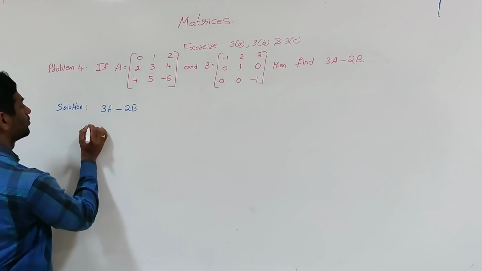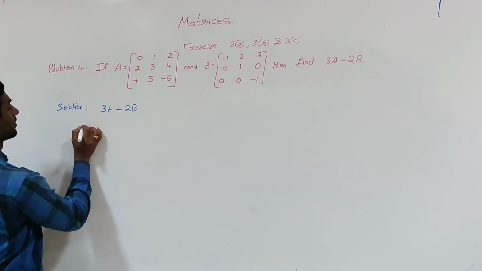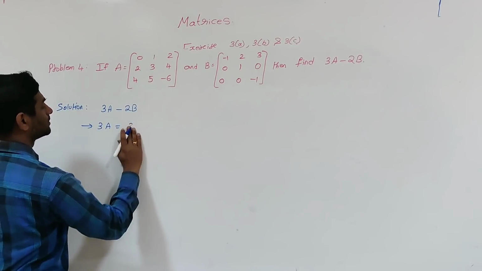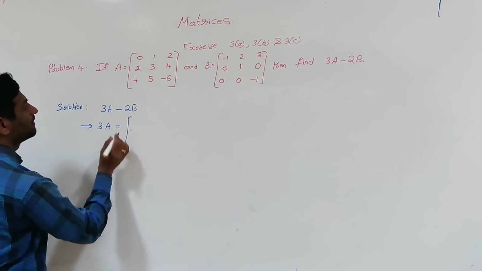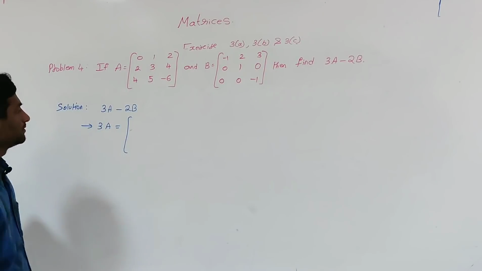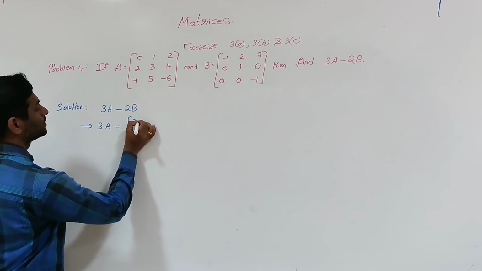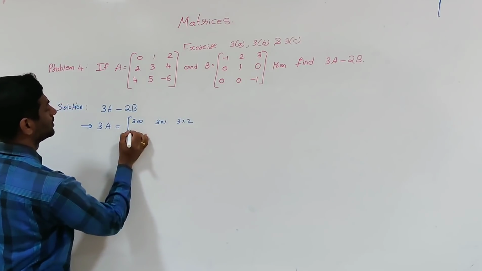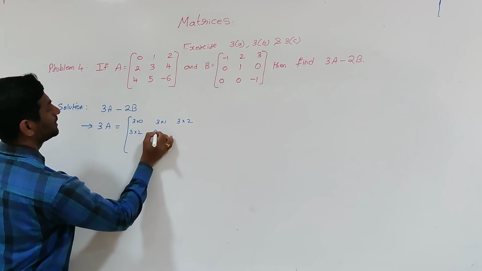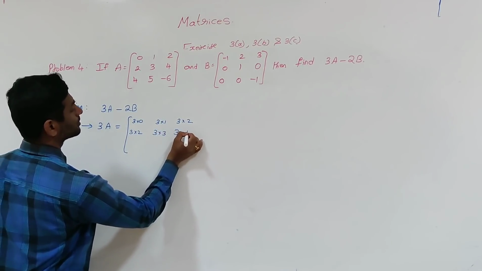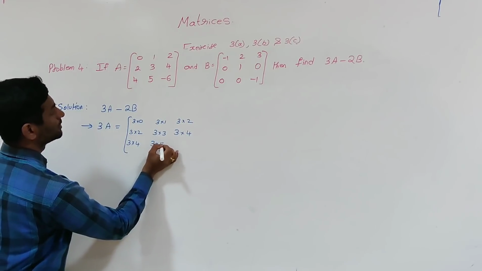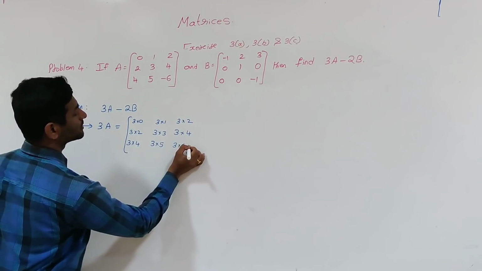So let me write what will be 3A. The 3A matrix will be every element of A multiplied with 3: 3 into 0, 3 into 1, 3 into 2, 3 into 2, 3 into 3, 3 into 4, 3 into 4, 3 into 5, 3 into minus 6.